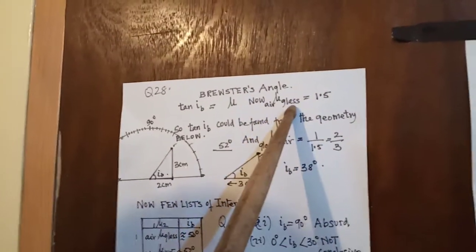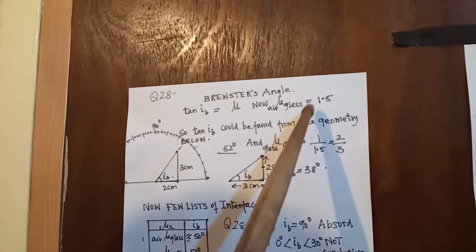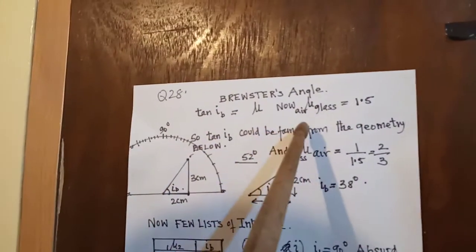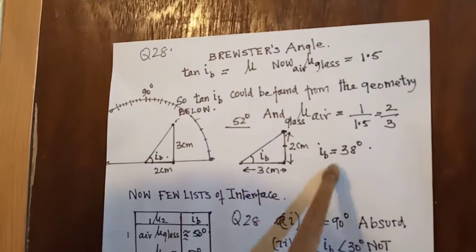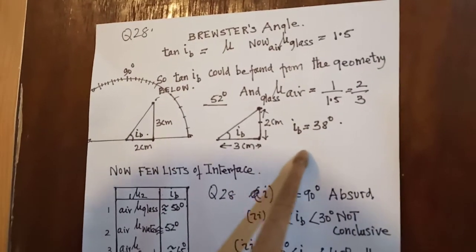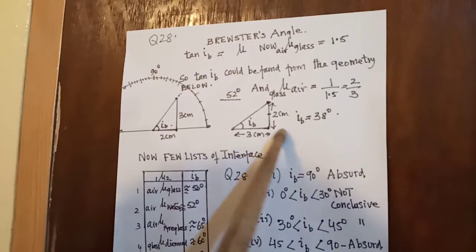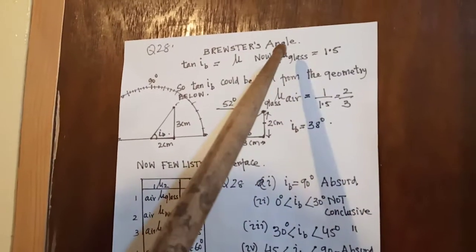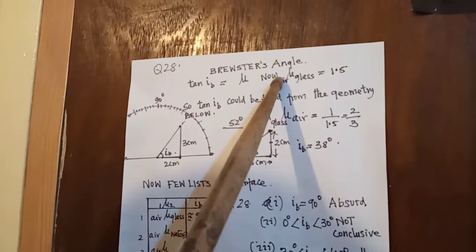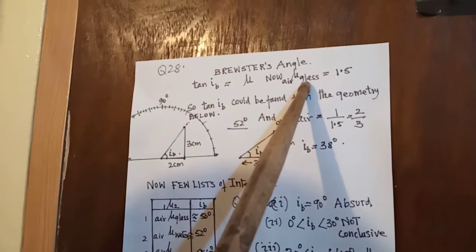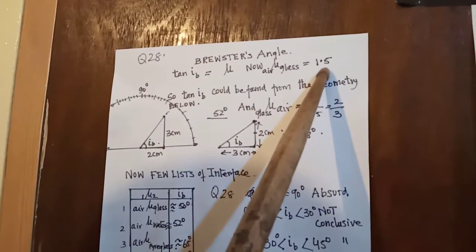Mu of glass with respect to air is 1.5. What does it mean? Glass is the second interface and air is the first interface. Now, the velocity in air divided by velocity in glass will be 1.5.